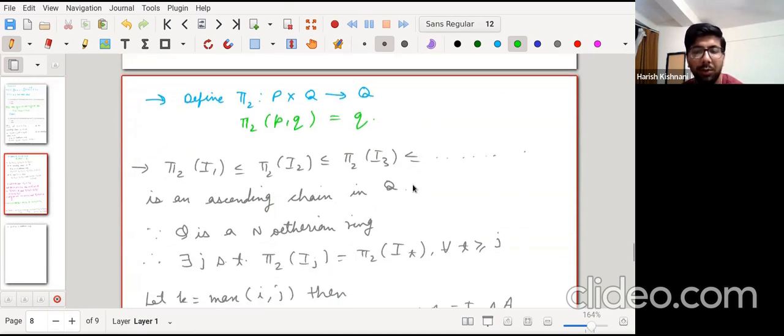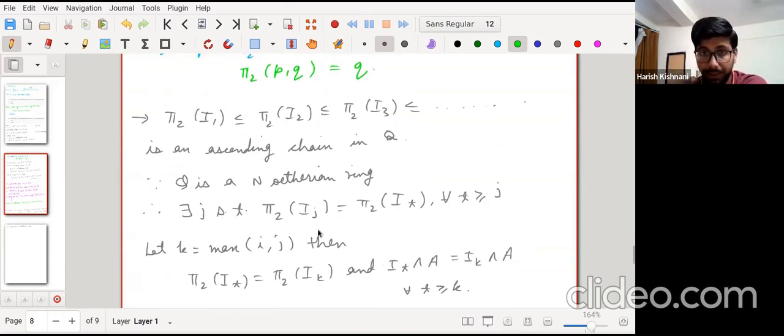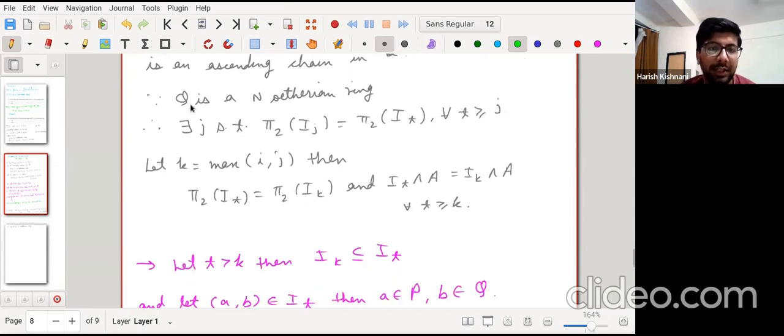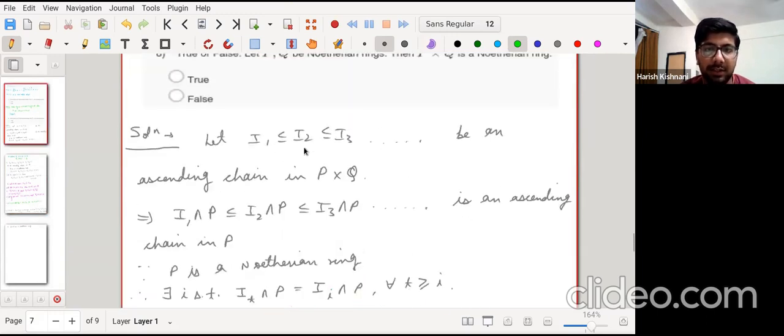So it's an ascending chain in Q. Now since Q is a Noetherian ring, this ascending chain also terminates somewhere, say J, such that pi 2 Ij is pi 2 It for all t greater than or equal to J. So if we take the maximum of these indices I comma J, call it k, then after that index both these chains are stabilized. So pi 2 It is pi 2 Ik, and It intersection P is Ik intersection P for all t greater than or equal to k.